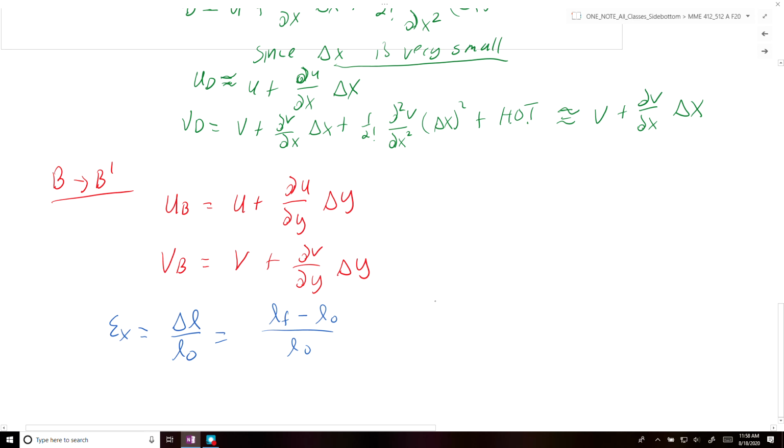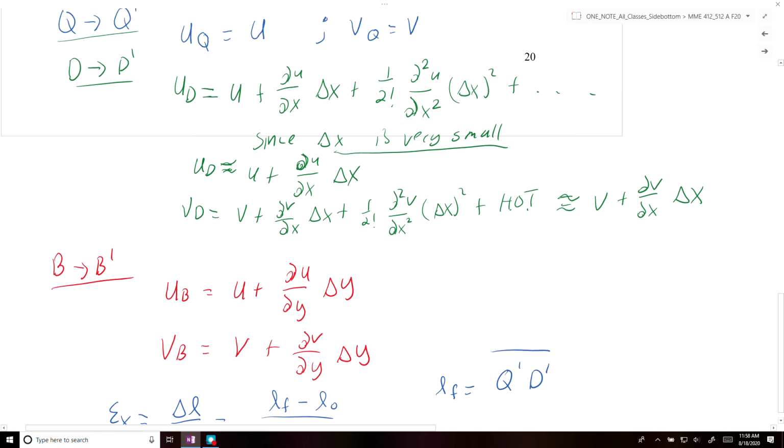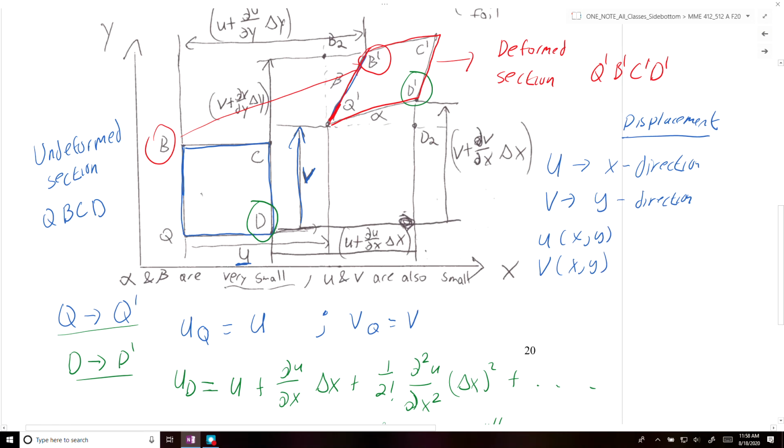So we can say for QD, so for point Q, or for this element, we can say that L of F, the final length of the element in the x direction, would be equal to Q prime, the length from Q prime to D prime. So that is this length here.